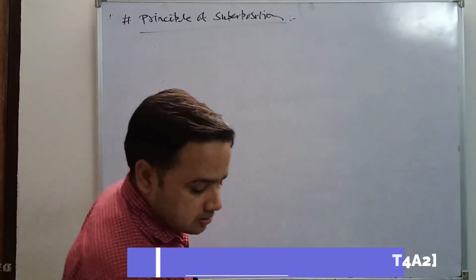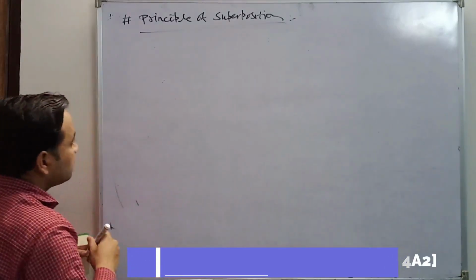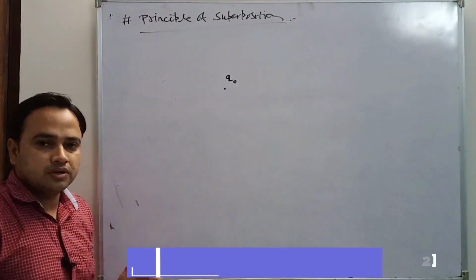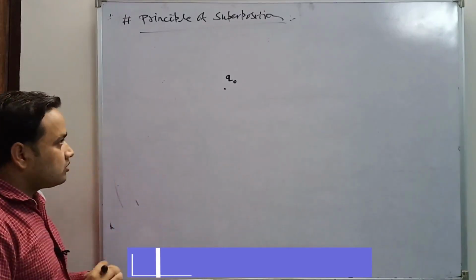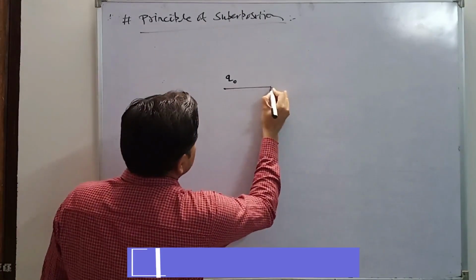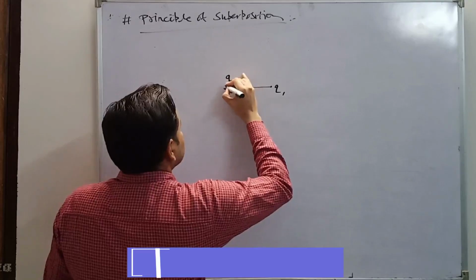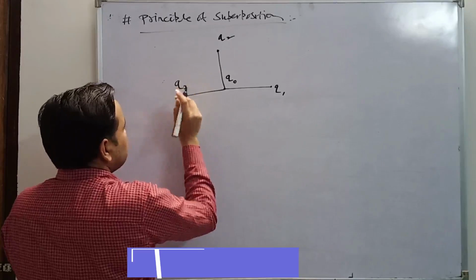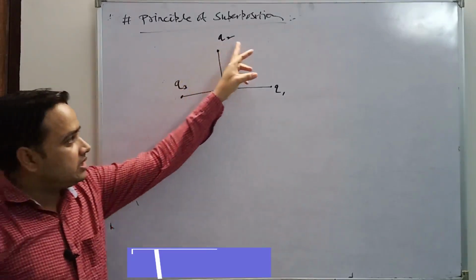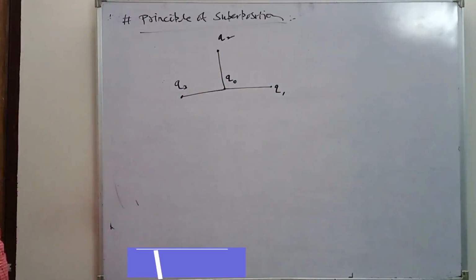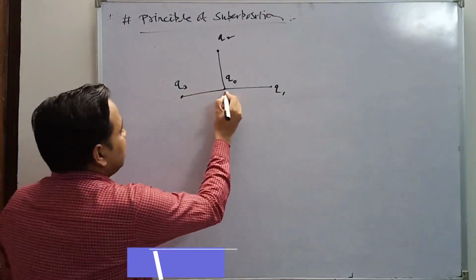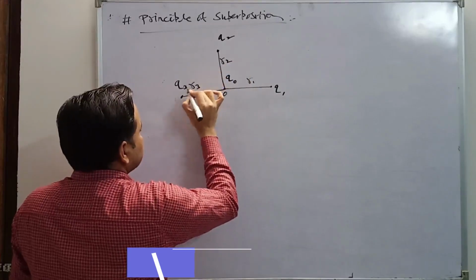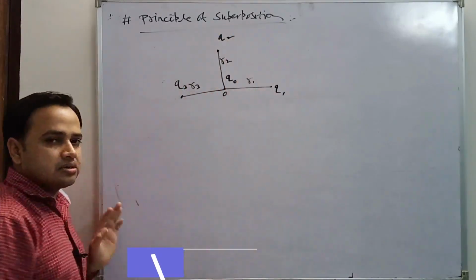Suppose there is one charge, look here, this is charge q0, and around this charge there are many charges. Suppose this one is q1, this one is q2, and this one is q3. I am taking these three charges around this charge. q0 is in the center, and suppose the distances are r1, r2, and r3 between these charges.